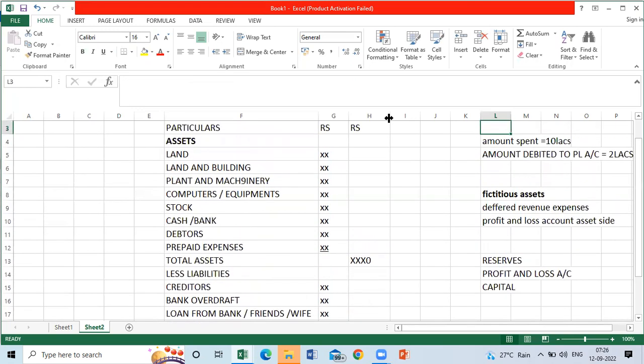Any queries? Any questions? Be loud. Pardon? Profit and loss suspense account, if at all given in the problem, they will specify something. There will be some adjustment regarding profit and loss suspense account.